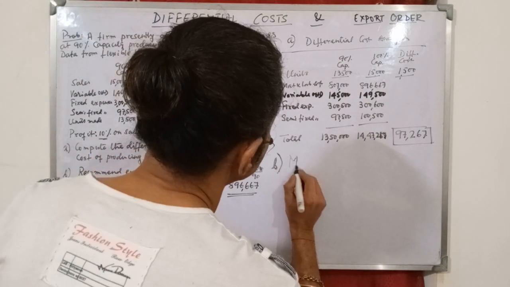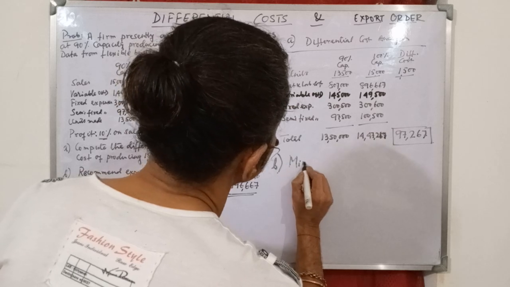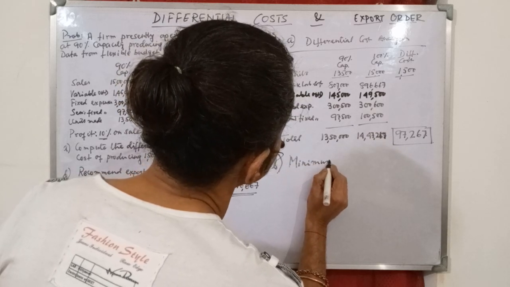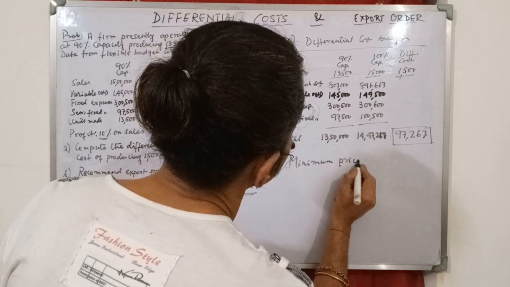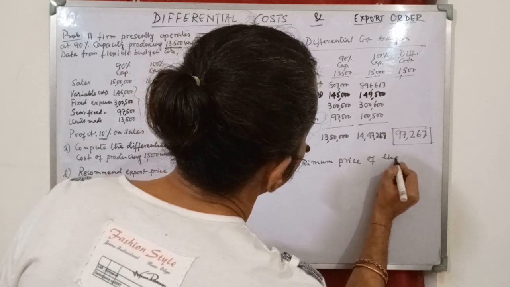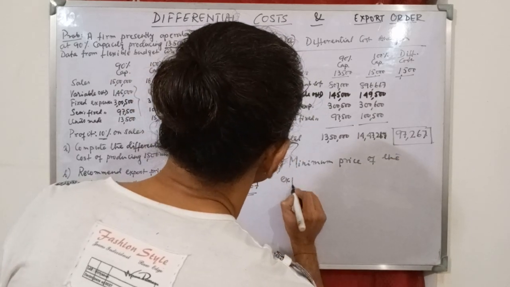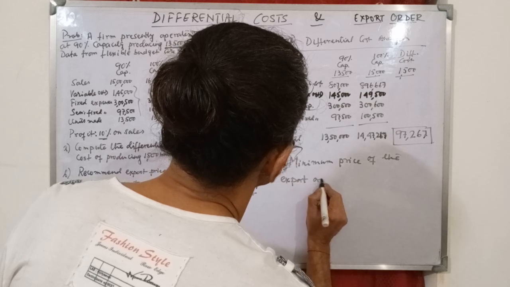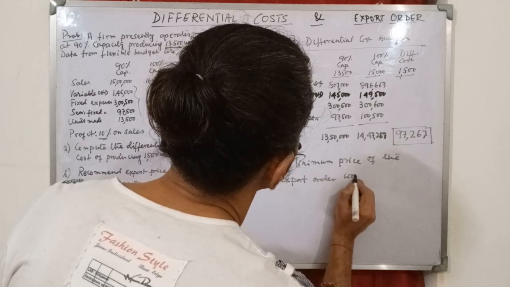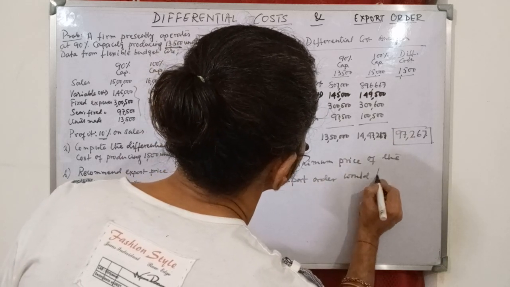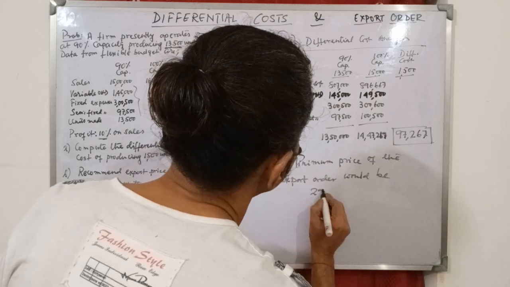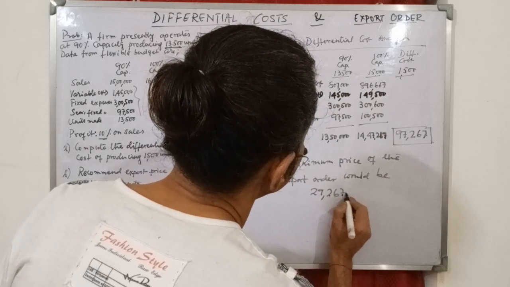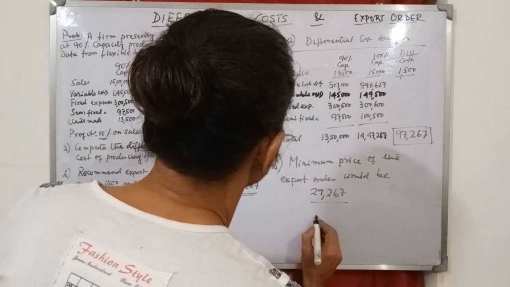The minimum price of the export order would be 97,267 divided by 1500.